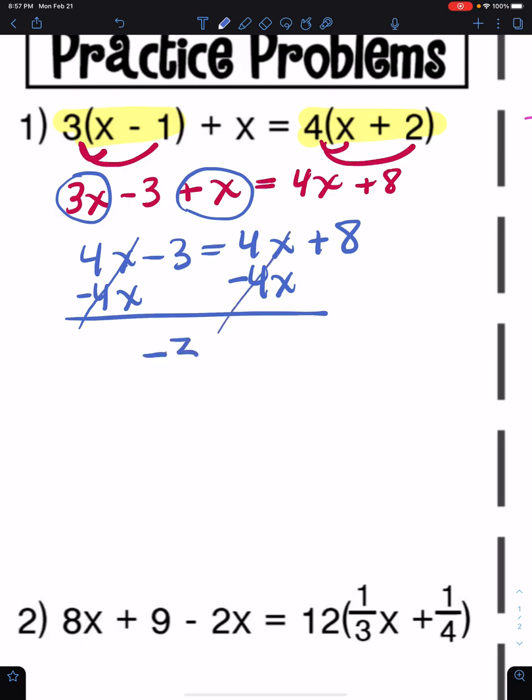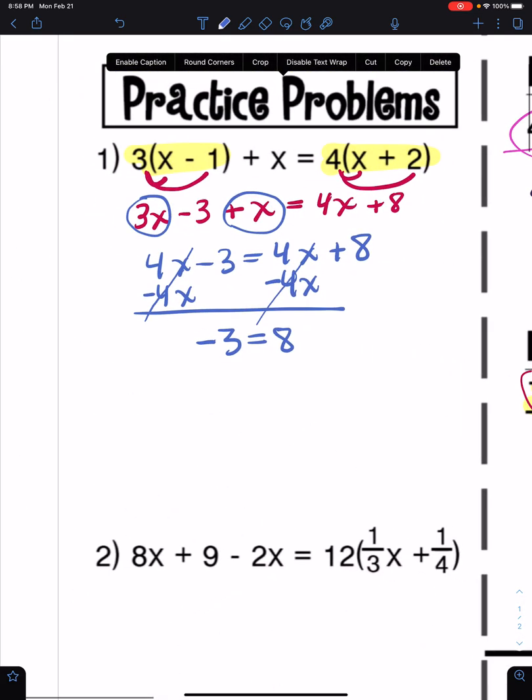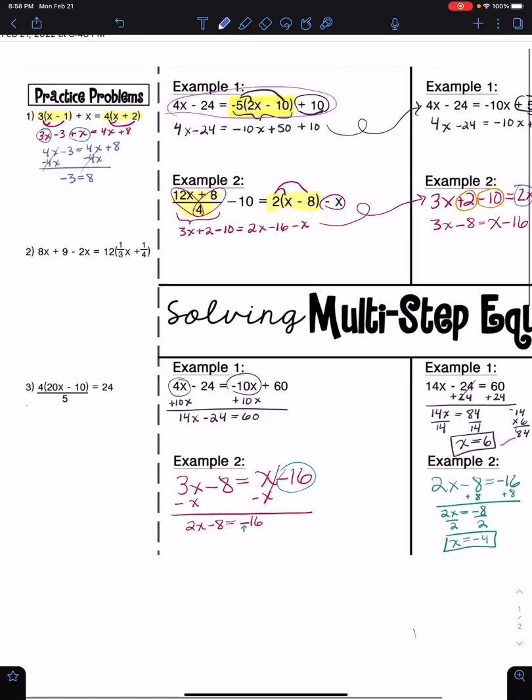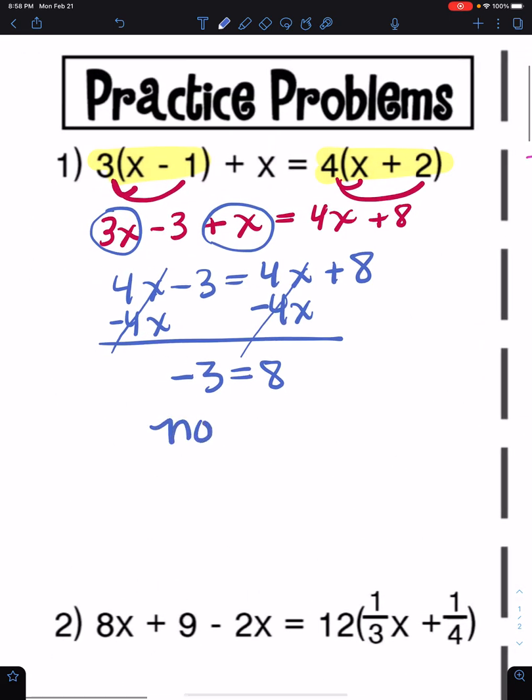So all the x's cancel, leaving me with this equation that has no x's in it. If that happens and the x's completely cancel out and you are left with a false statement, like this is false, it's not true that -3 equals 8, then we can say that this has no solution. There is no value for x that would make this equation true.